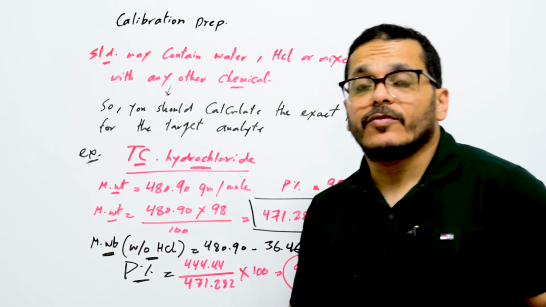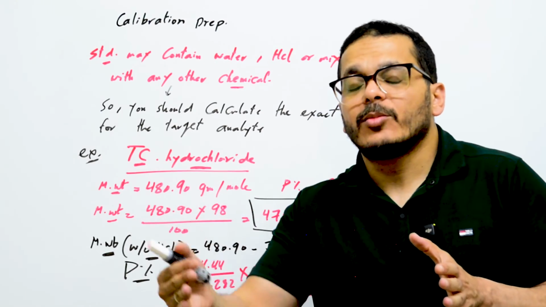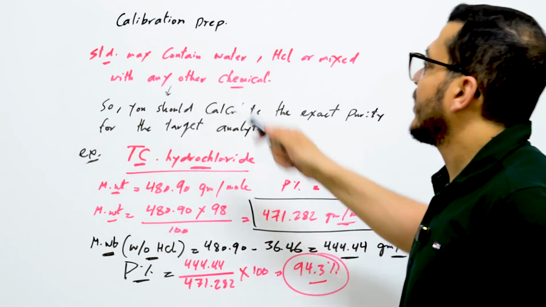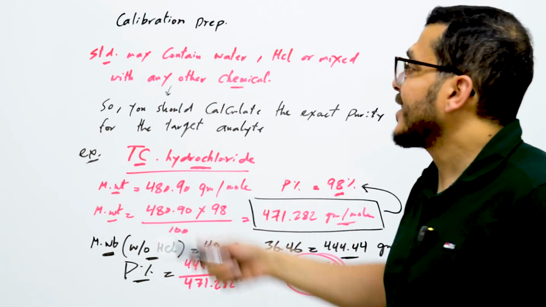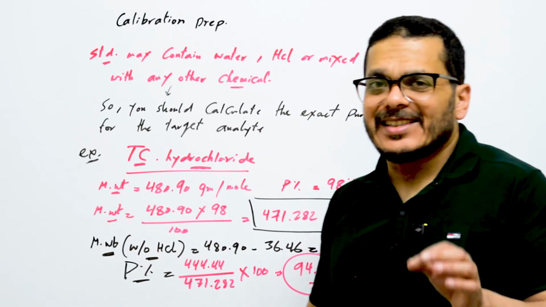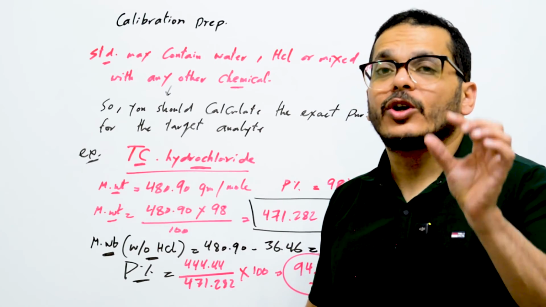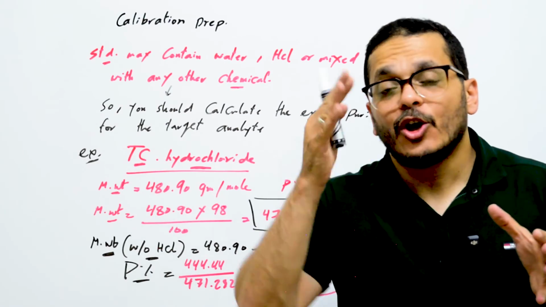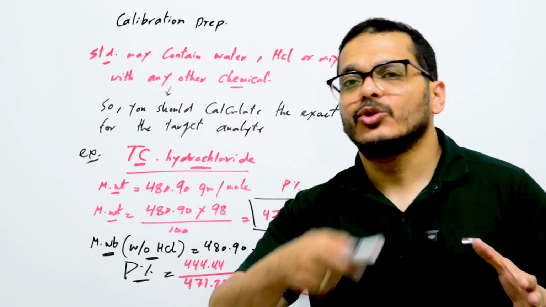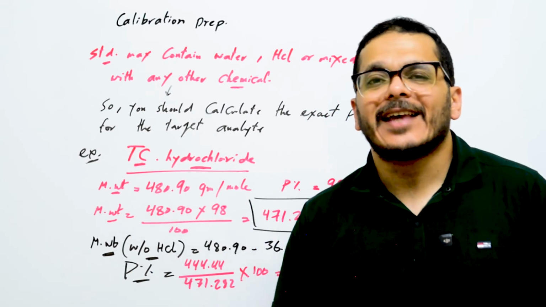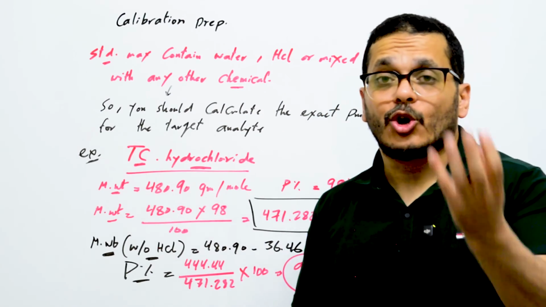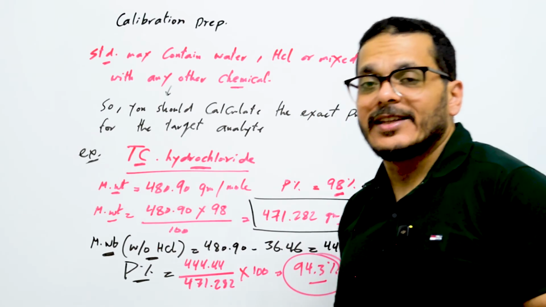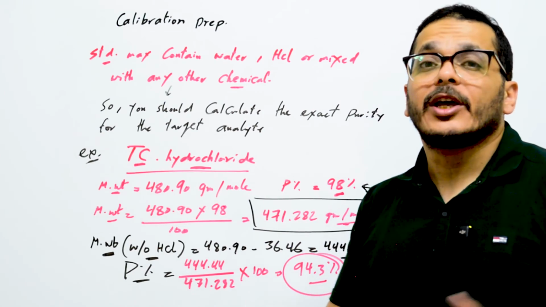For some standards you will find other chemicals combined with the target analyte. So the standard may contain water, HCl, or be mixed with any other chemical. In this case, the purity in the certificate is not for this analyte only, but for this analyte combined with this chemical, and you should calculate the exact purity for the target analyte to know the exact weight that you will take from the standard to prepare the stock standard.